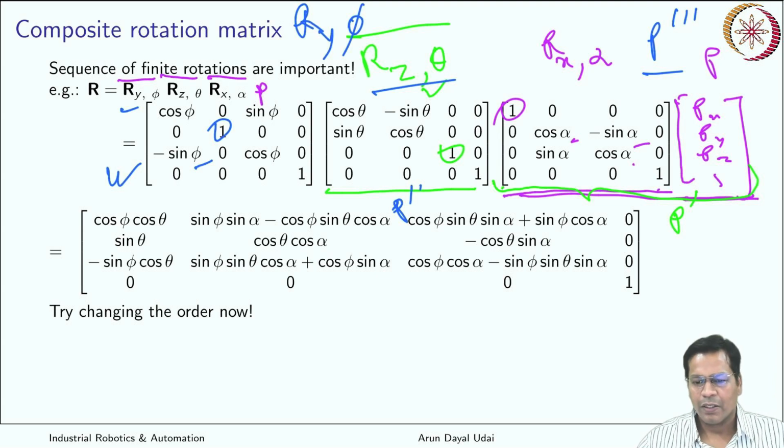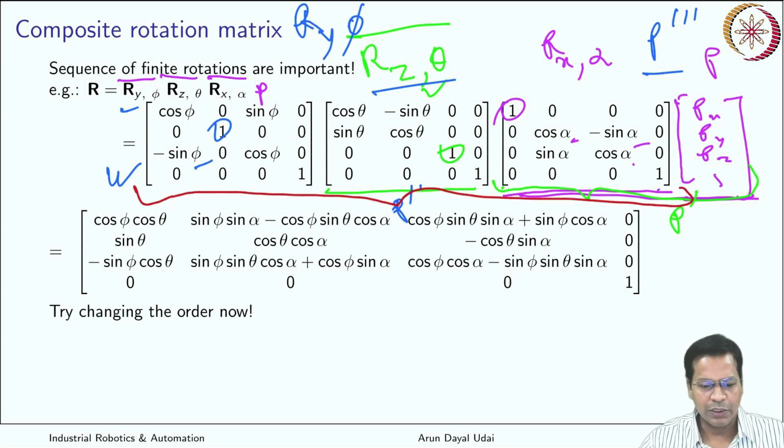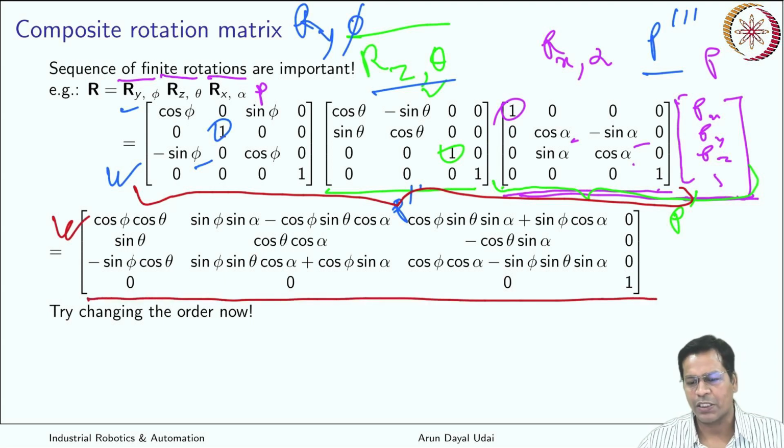And then in a composite way, if you multiply all these together, you reach a new matrix which is known as a composite matrix, that can, in a single operation, rotate about the x-axis by an angle alpha, the z-axis by an angle theta, and the y-axis by an angle phi.